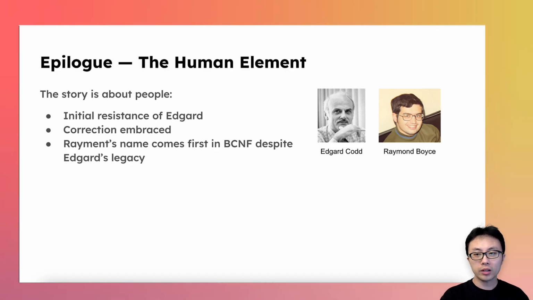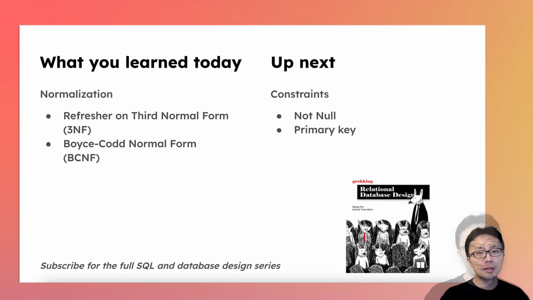BCNF may be rare in practice, but it represents something important: the pursuit of completeness, even when the flaw is rare. In this video, we started from the tiny loophole of the third normal form and explored how it was discovered and fixed, and how it ultimately led to the Boyce-Codd Normal Form.